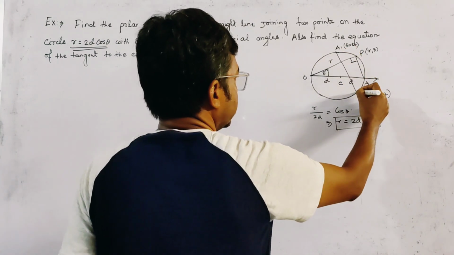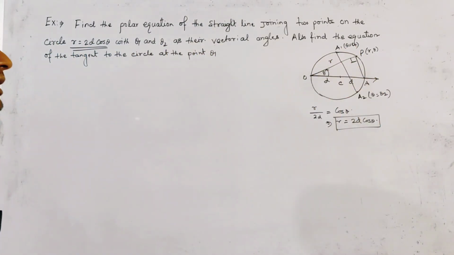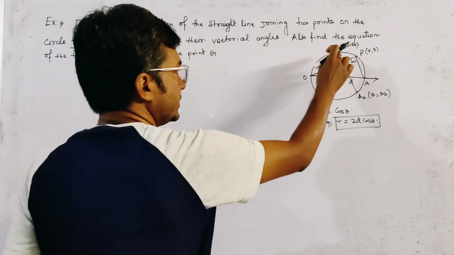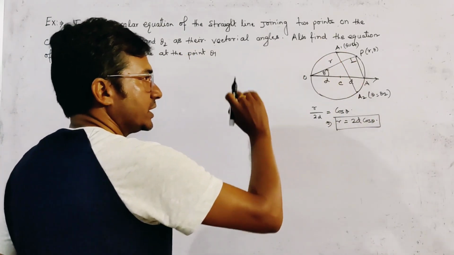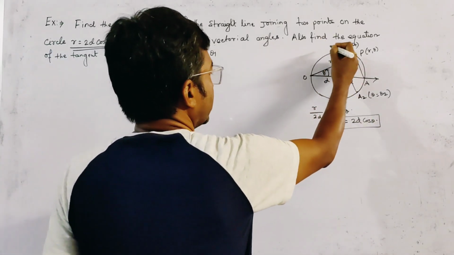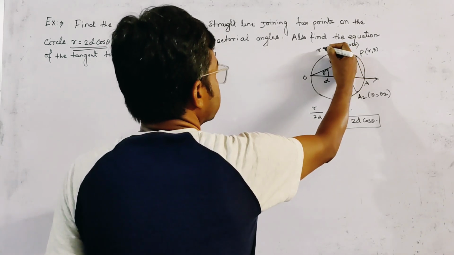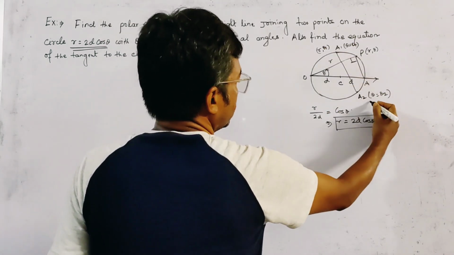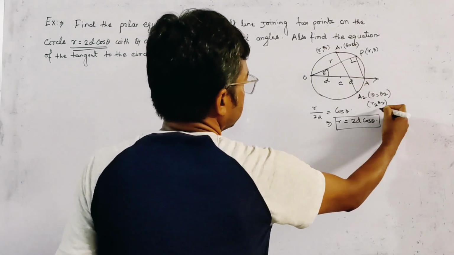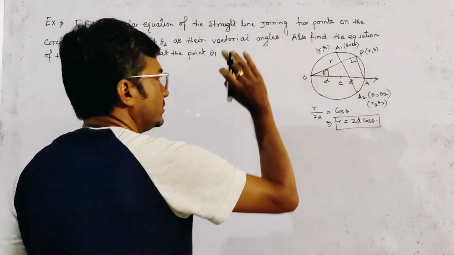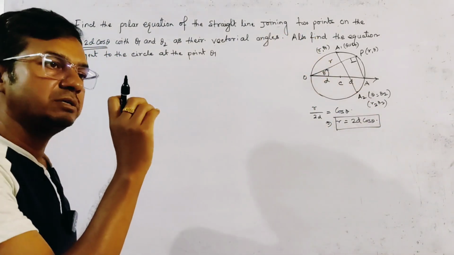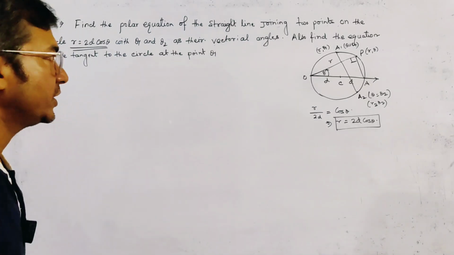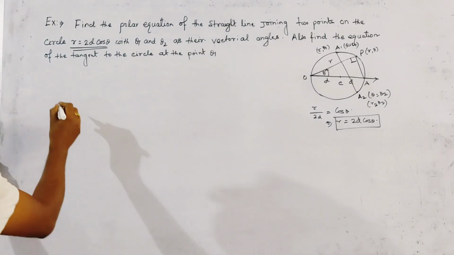We have to find this straight line. Since A1 and A2 are two points on this circle, we take the coordinates of A1 as (r1, theta 1) and A2 as (r2, theta 2), and these two points lie on the circle as well as on the straight line.